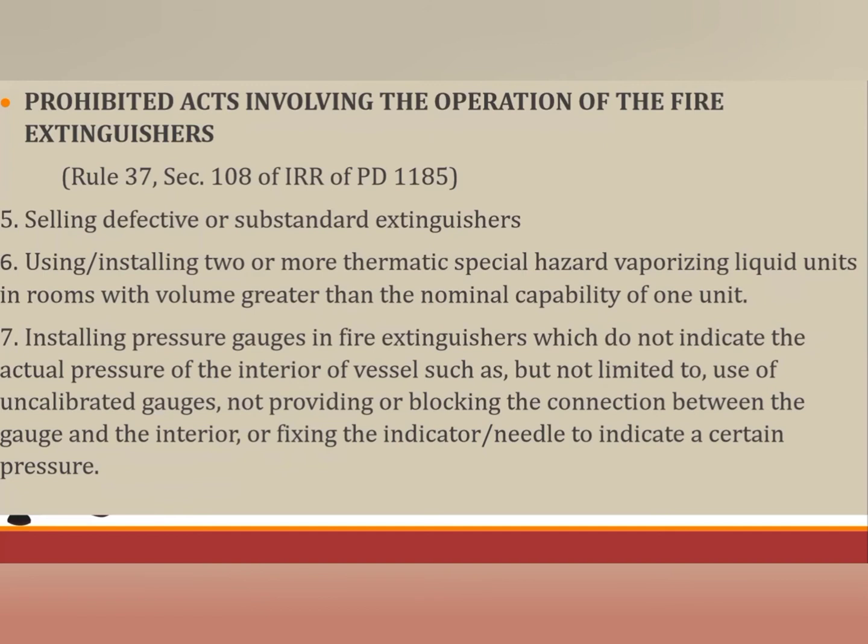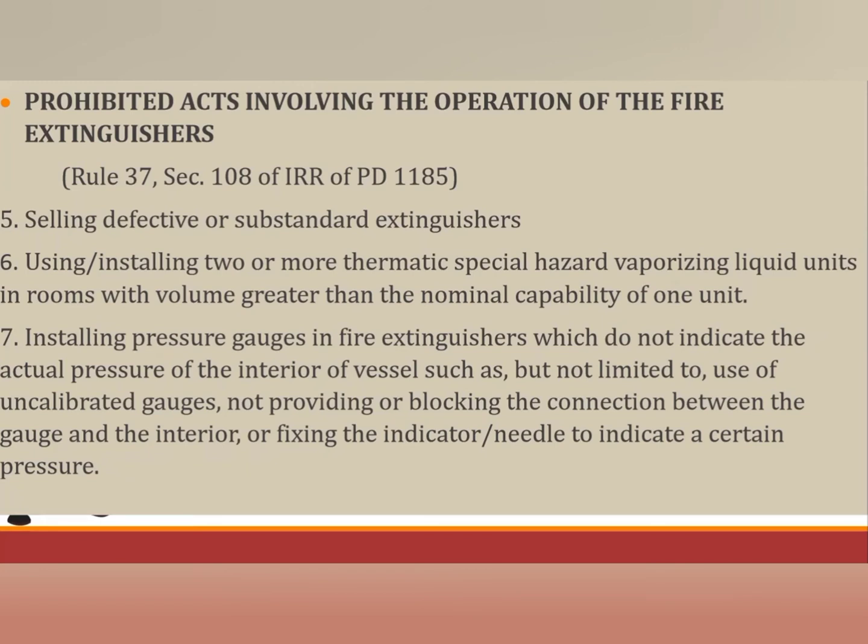Next is selling defective or substandard extinguishers. Using or installing two or more thermatic spatial hazard vaporizing liquid units in rooms with volume greater than the normal and nominal capability of one unit.